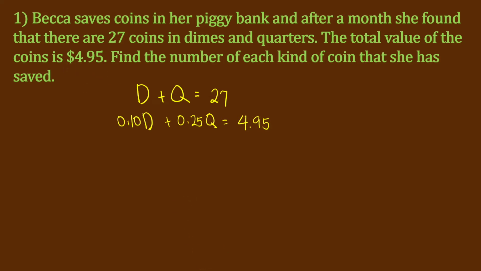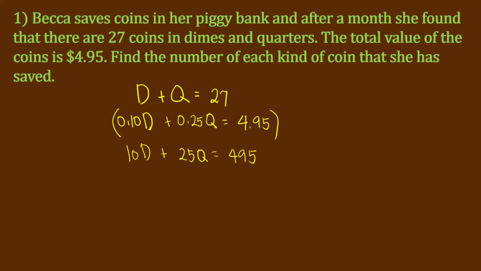Now we can multiply the second equation by 100 so that the decimal places will be moved to the right, and it will give us 10D plus 25Q equals 495.